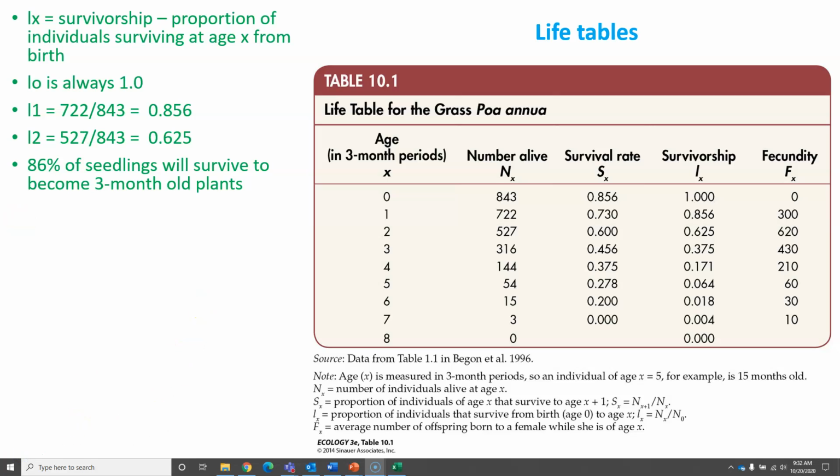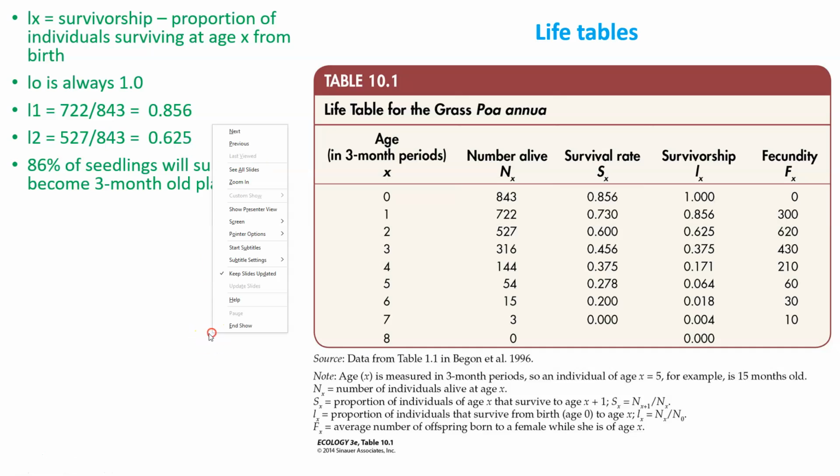Well, how would you interpret that? How do you interpret those numbers of survivorship? For the age class of 1, the 3-month-old grasses, the survivorship seems like 0.856, so roughly 0.86.